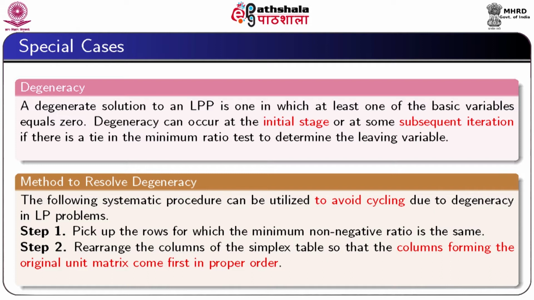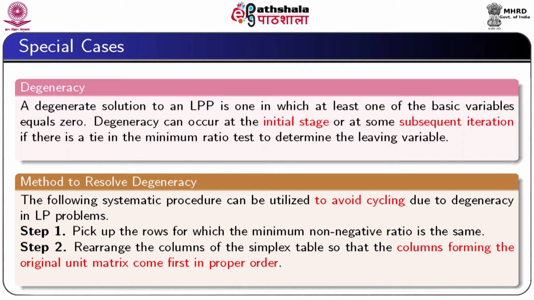So, degeneracy can occur at the very beginning of the table, that is at the initial stage of simplex iterations, or at some subsequent iteration if there is a tie in the minimum ratio test to determine the leaving variable.